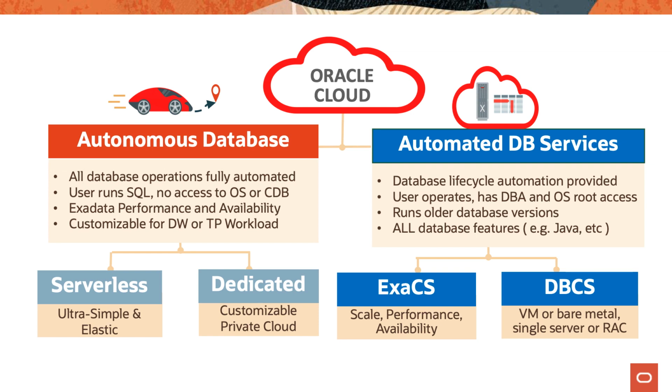This service can be customized for data warehouse or transaction processing workloads. And in this service, we have two flavors. One is the serverless model, where usability is ultra simple and it is very elastic. The second offering is the dedicated model, where customers can build a private cloud on Oracle Cloud Infrastructure.